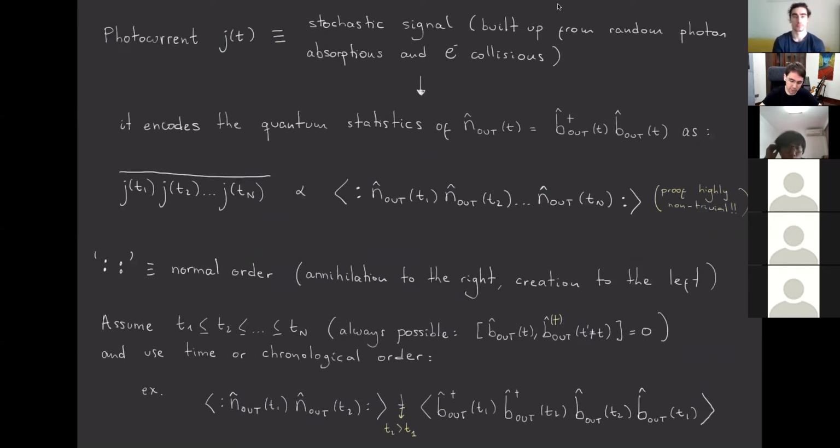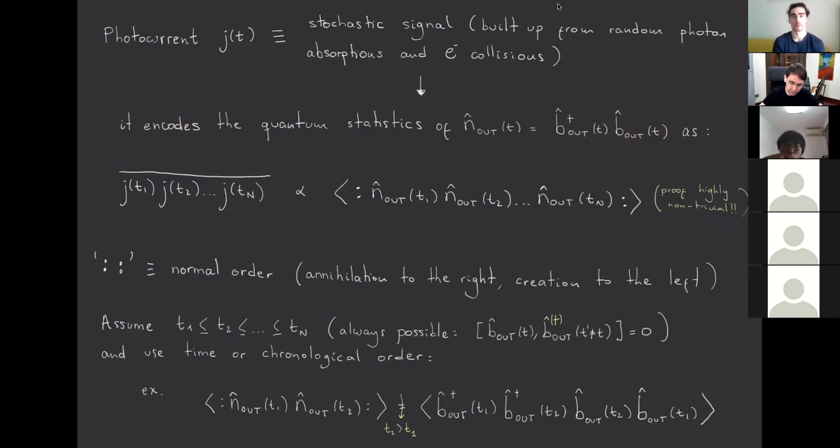But if you analyze the statistics of this photocurrent, in particular multi-time correlation functions or moments of a given order, you see that those objects are proportional to, or encode the information about, the statistics of a specific operator, which is the number operator associated to this output field, okay?